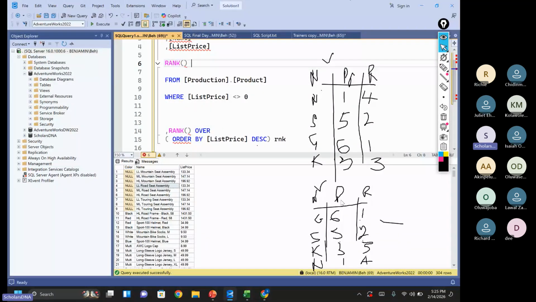So since the price is what we want to rank by, we can now write over. We now say, please rank this. I'll read it again. I say rank over.